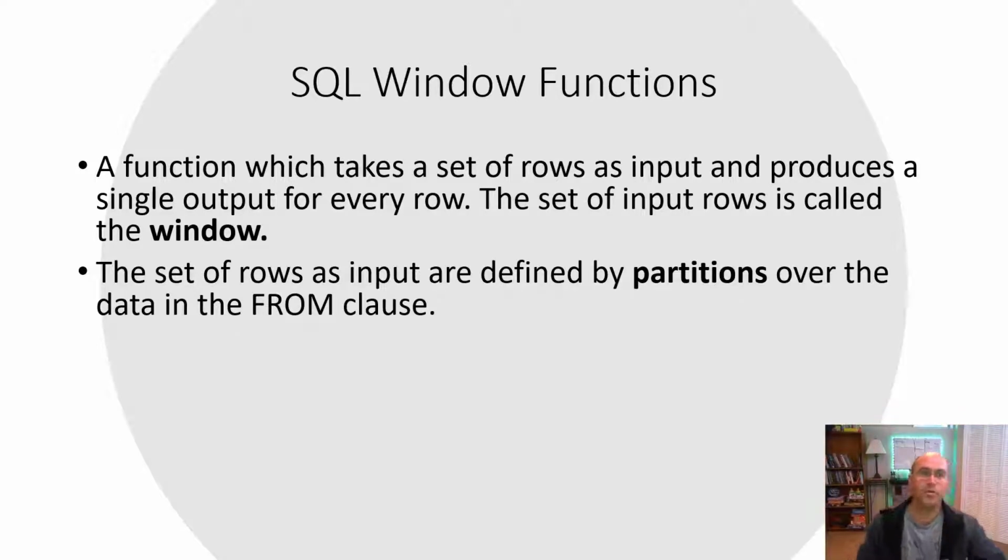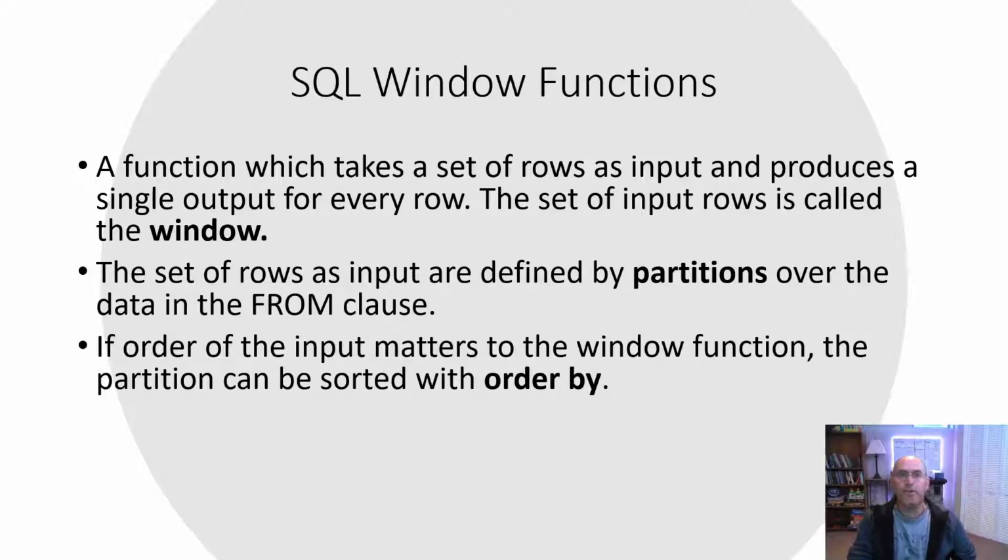And then you can apply a function to the data set within each of those windows, and what gets output is a value. So it's like an aggregate operator, because it takes a set of data as input, but it's like a regular mapping operation. It is a regular mapping operation because the input is a set of values, including the current row, and the output is a value in the current row.